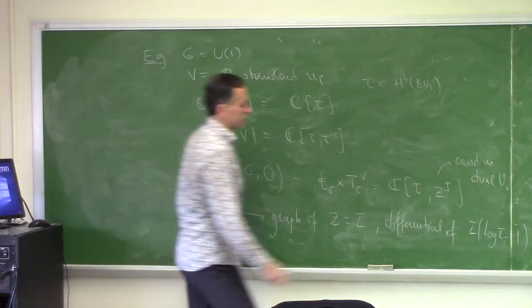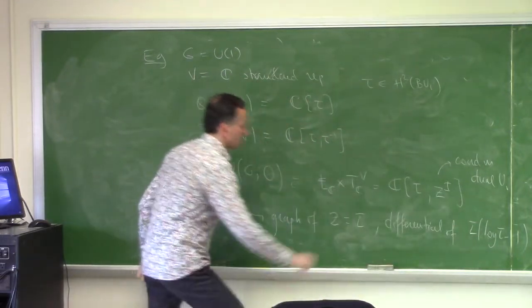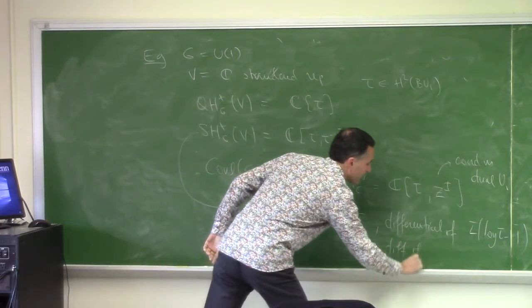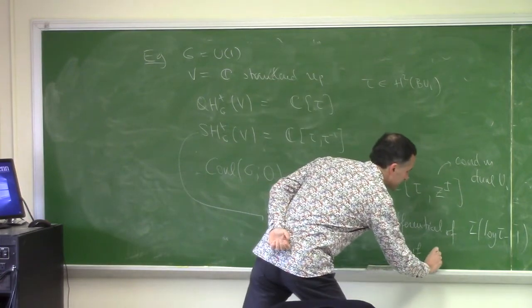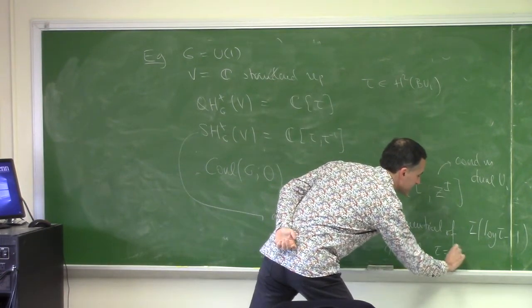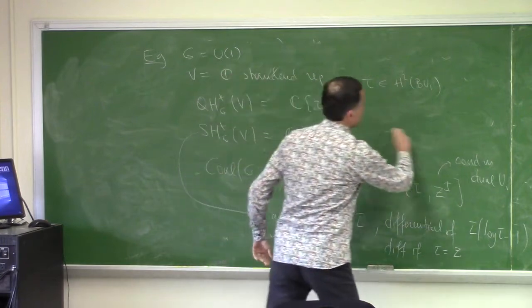The Legendre transform of the superpotential of C, or the differential of tau equals Z also.